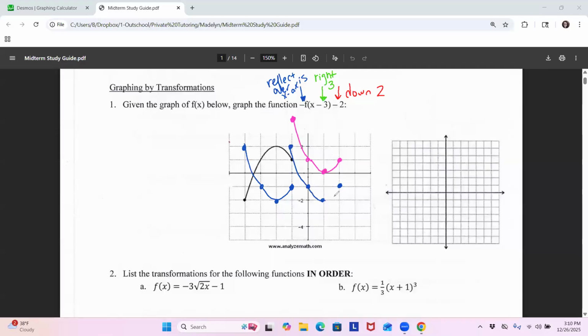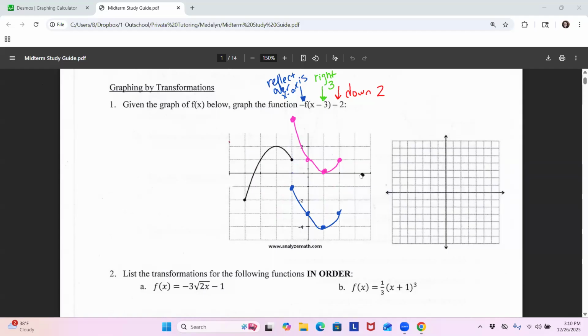Okay, there's the right 3. And then I'm going to go down 2. So yeah, that is a different answer. That's certainly different.